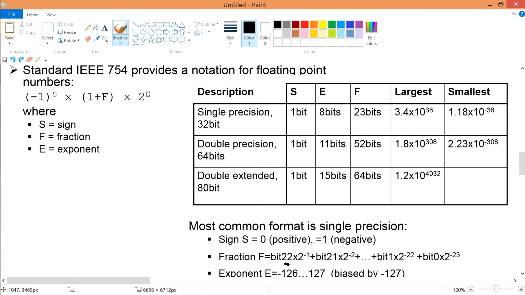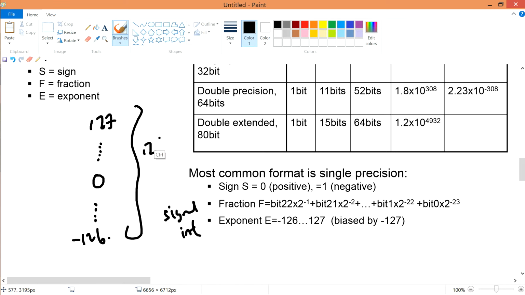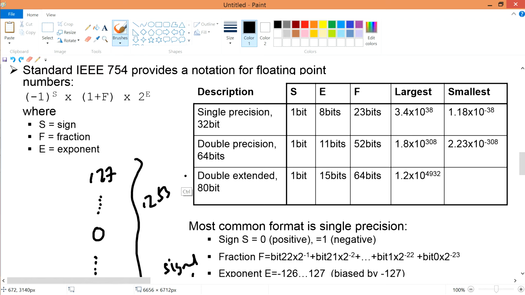Okay, well, the exponent can take in negative or positive numbers. So it's a signed exponent. It's a signed integer for your exponent, because it goes positive from 0 all the way to 127 and all the way to negative 126. So in total it should be 255 values.